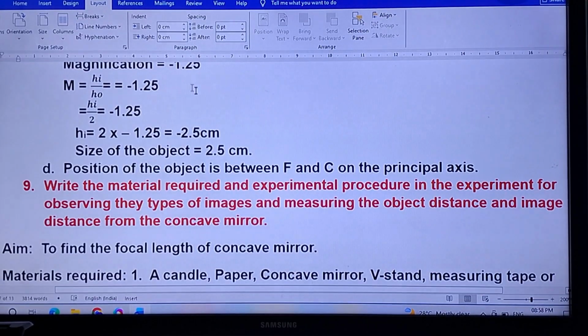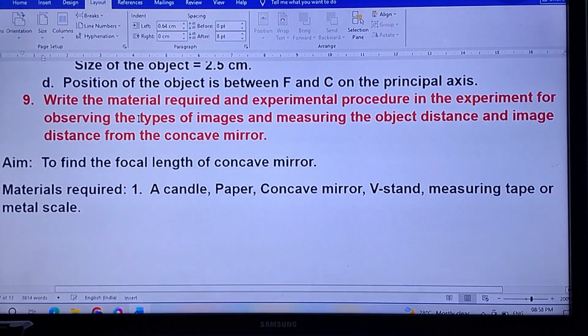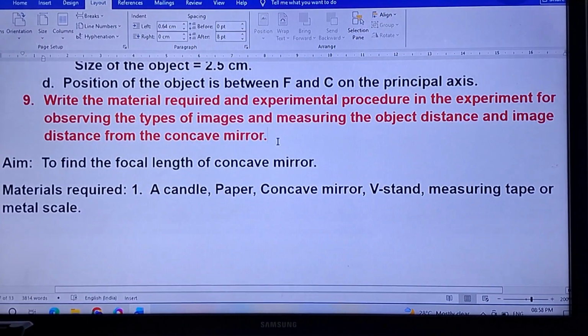Now the 9th one. Write the materials required and the experimental procedure in the experiment for observing the types of images and measuring the object distance and image distance from a concave mirror. What is the question, children?